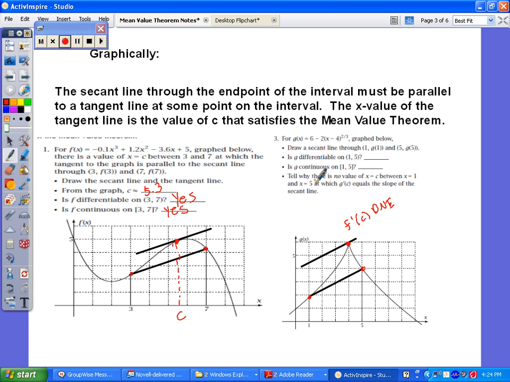And if I pick any other point on this graph and draw my tangent lines, they are never going to be parallel. So is g differentiable on 1, 5? The answer is no. Is it continuous? Yes. But there is no value at x equals c, because at the value where it should be, the function is not differentiable. So the derivative slope is undefined and does not equal the slope of the secant line. And that's why the function needs to be both continuous and differentiable.